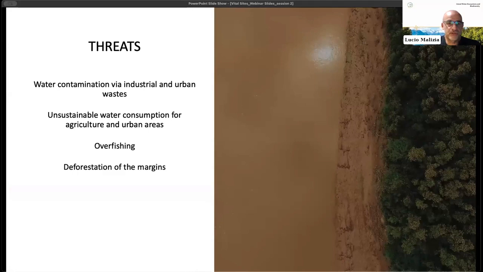The threats to the river are basically water contamination through industrial and urban wastes. The industry that used to be the main threat has been working for a couple of decades now to better their practices and to avoid throwing waste into the river.